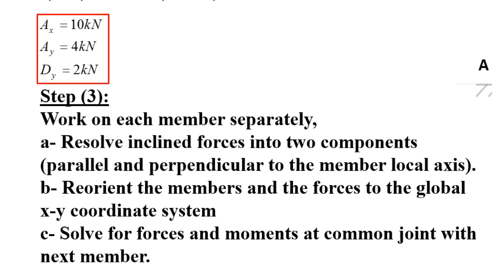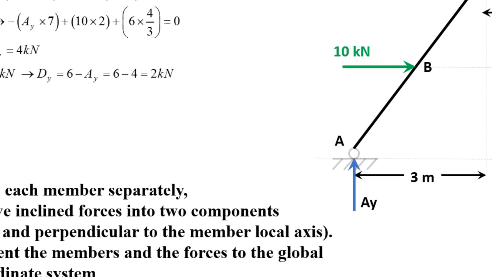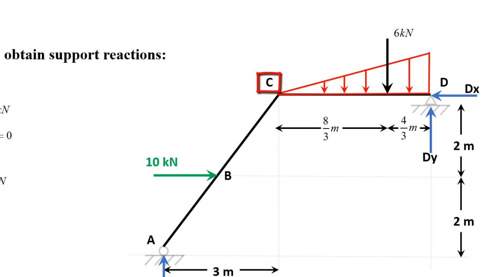It makes more sense. Then we will solve for the forces and the moments at the common joints with the next member. So in this case, joint C will have common forces, common shear forces, and common moments, but the word common does not mean that they are equal.